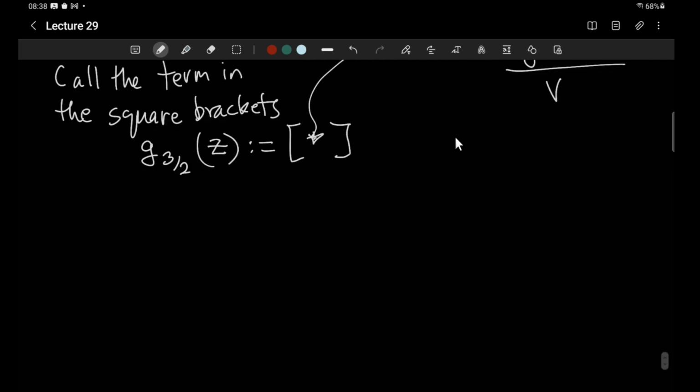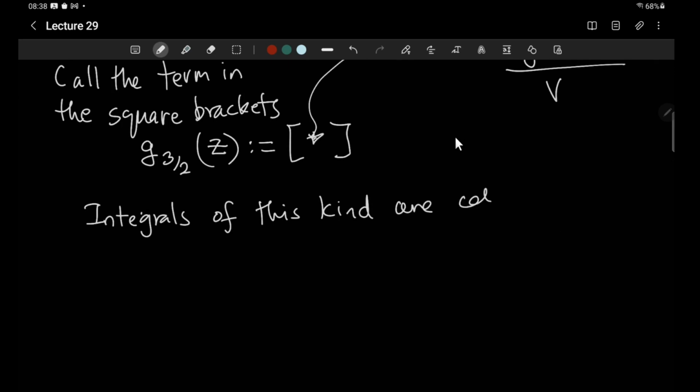So integrals of this variety are called Bose-Einstein integrals.